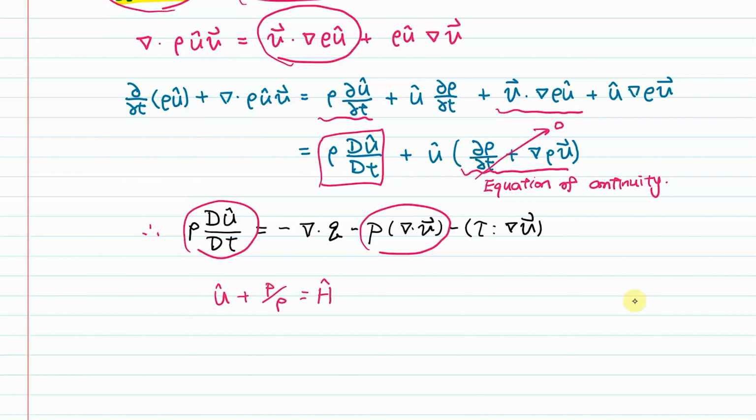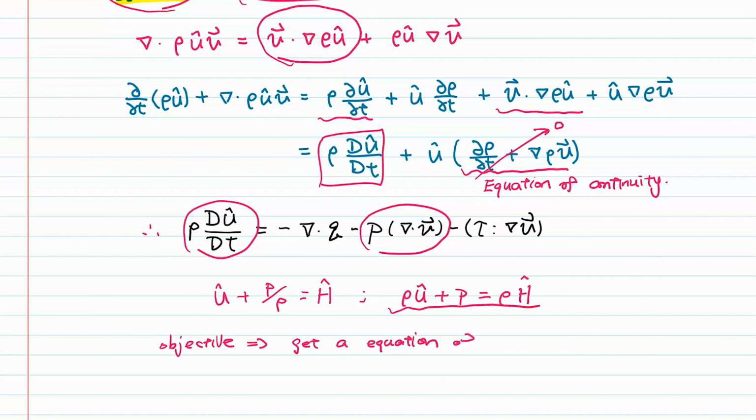In other words, rho U plus P equals rho H cap. So we're going to use this concept. Our objective is to get an equation of enthalpy.